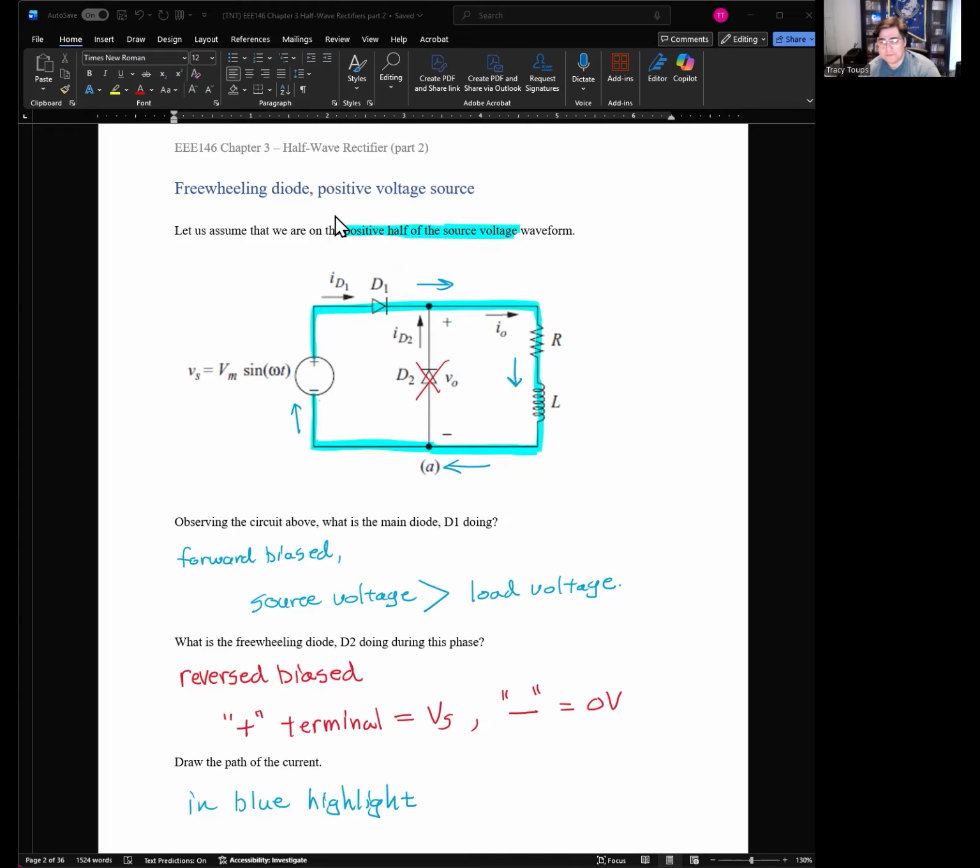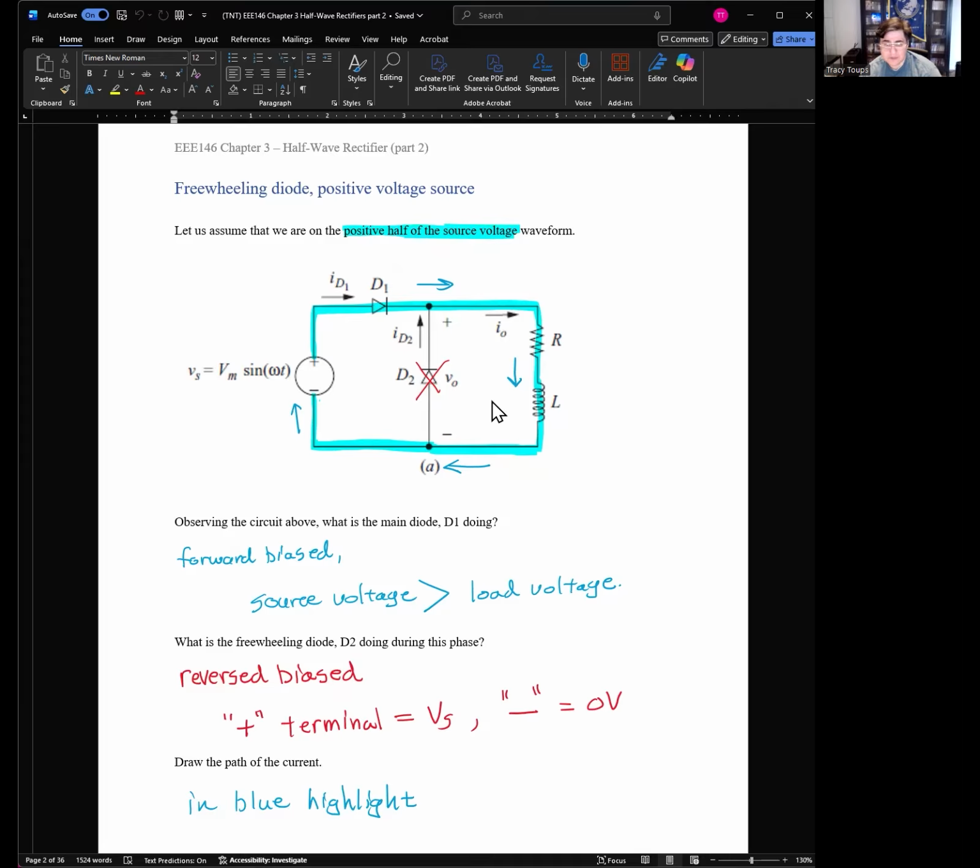Now, what happens whenever the source voltage is on its positive half of the cycle? Let's assume we're in the positive half of the source voltage waveform. So current is going to flow out the positive terminal, go through diode 1 because it's forward biased, and go through the load and back to the source. Current will flow in a clockwise direction.